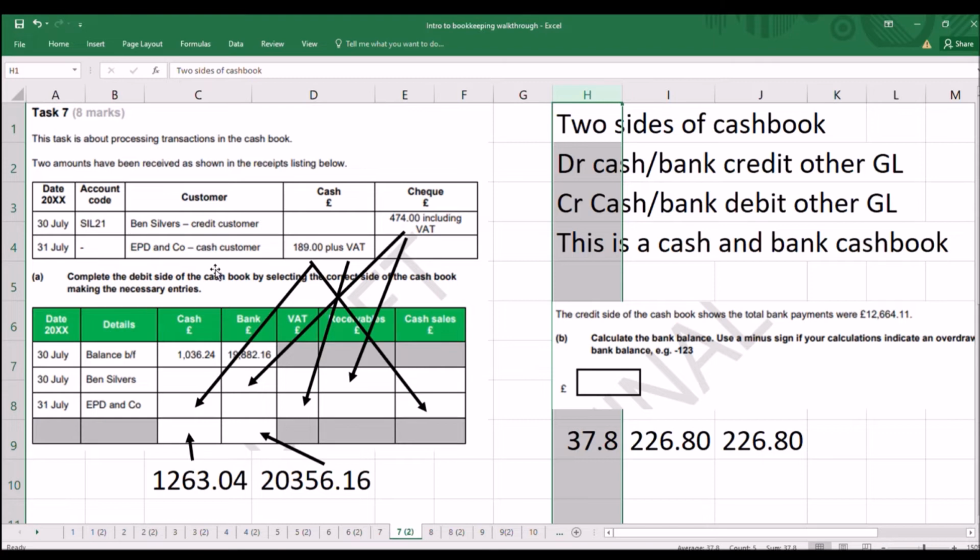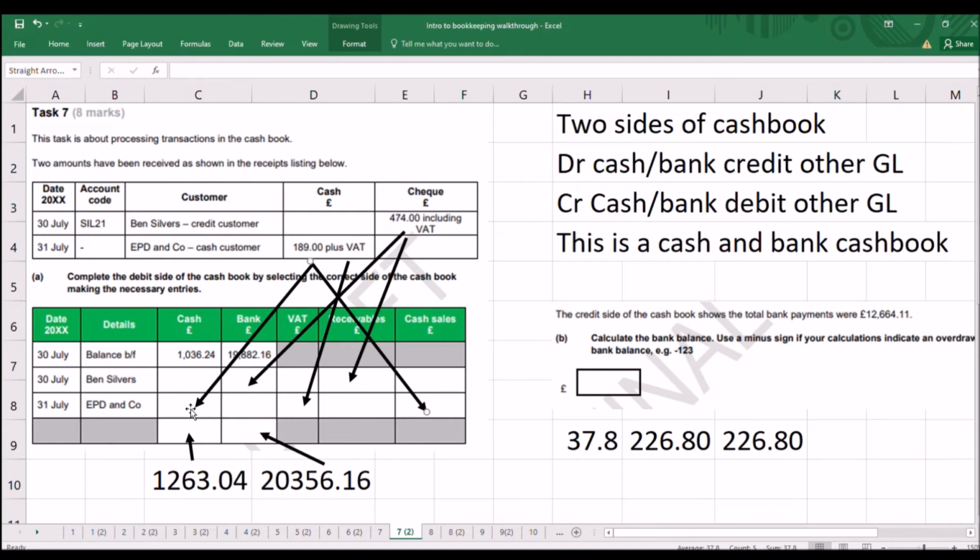And then EPD, which is a cash customer, so they haven't hit already the sales ledger control account, the trade receivables account. So we're going to go credit cash because they paid cash to us, they've given us cash in our till. We're going to go credit sales 189. We're going to add on the VAT, credit VAT £37.80, and then the total amount of cash that we received was £226.80.